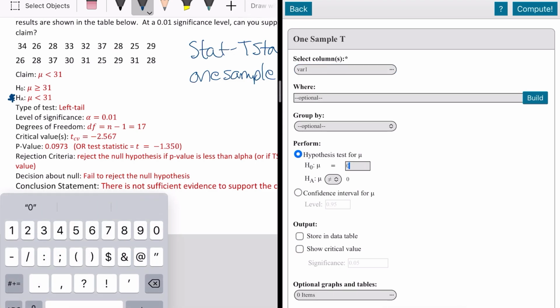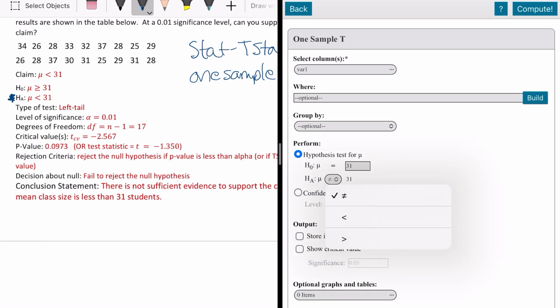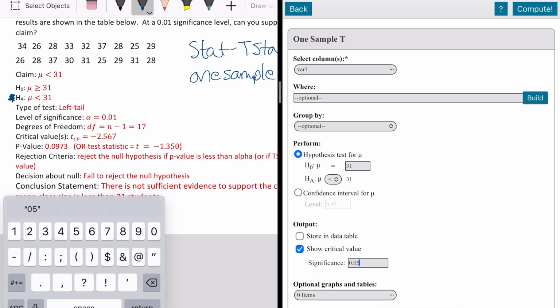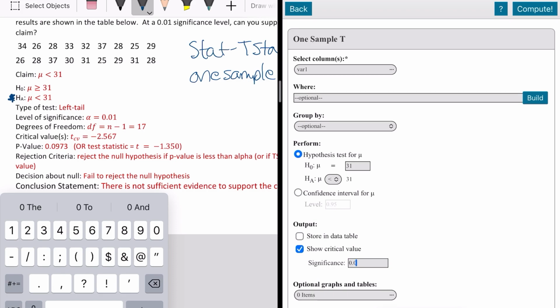And so for the null hypothesis, I'm going to put mu equals 31. And then for the alternate hypothesis, I want to make sure that's left tail, so I'm going to put less than. I'm going to show the critical value. And that is 0.01.